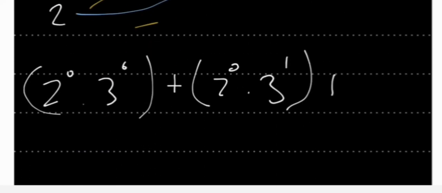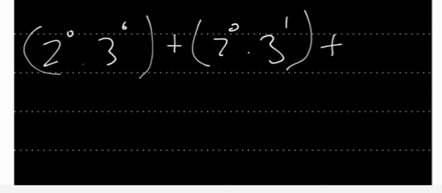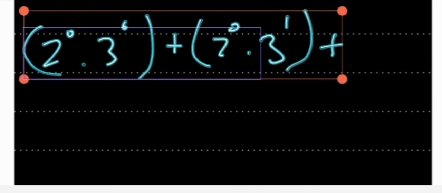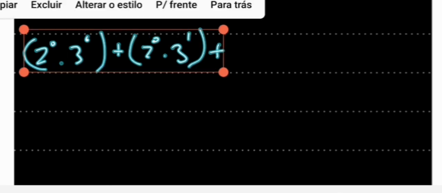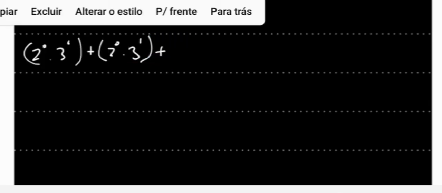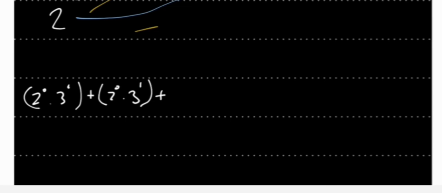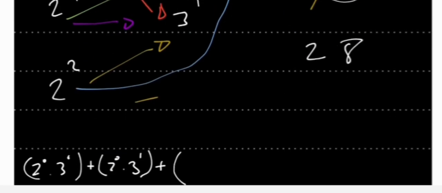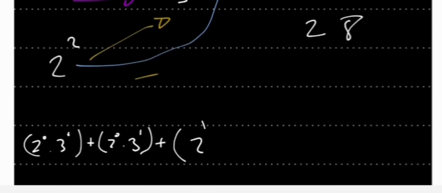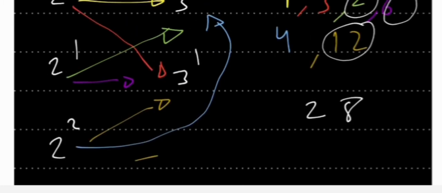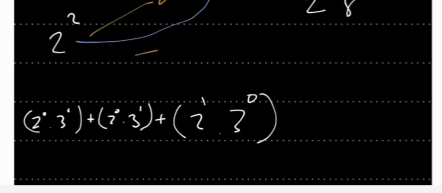So plus 2 to the 1 multiplied by 3 to the 0, okay? Plus 2 to the 1 multiplied by 3 to the 1, okay?